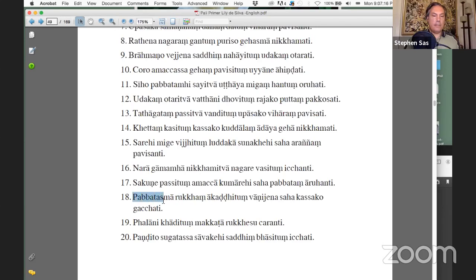And then we have pabatasma. What case is that? Pabatasma means ablative, from the mountain. Right. And so the farmer goes with the merchant to drag the tree from the mountain. Yes. You see it now?